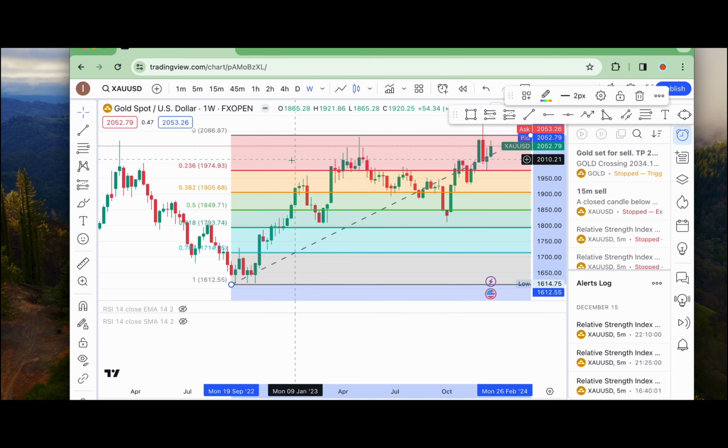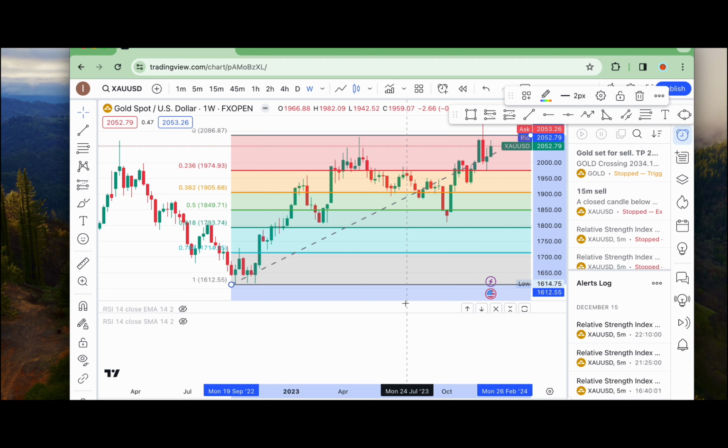From here, it came back to the 0.23, which is here. It broke through, it didn't stop. It went straight to the 0.38. Then it went back again to 0.23, came back to the 0.38 region, went back again, broke through further to 0.5, between the 0.5 and 0.618 region, before we saw a clear candlestick pattern that actually indicated a reversal.